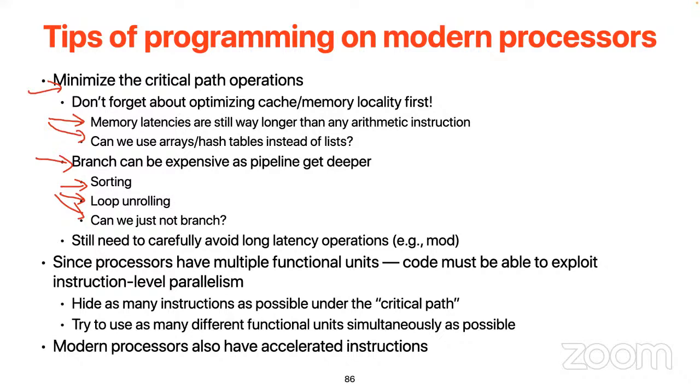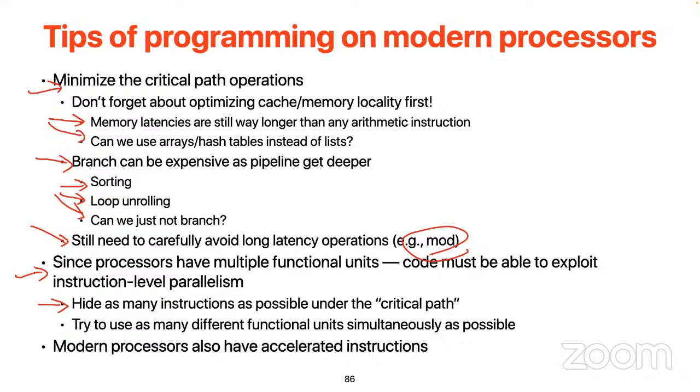And there are still cases like, okay, if I am working on instructions like mod instructions, can I replace them with something else? And also, processors typically have multiple functional units. So can I hide as many instructions as possible under the critical path, since only the critical path instructions affect the performance?